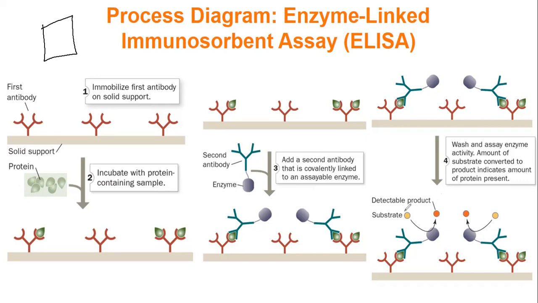And then we add some substrate. And this substrate will interact with the enzyme on the secondary antibody and make some kind of product. And this product has to be visible to us.